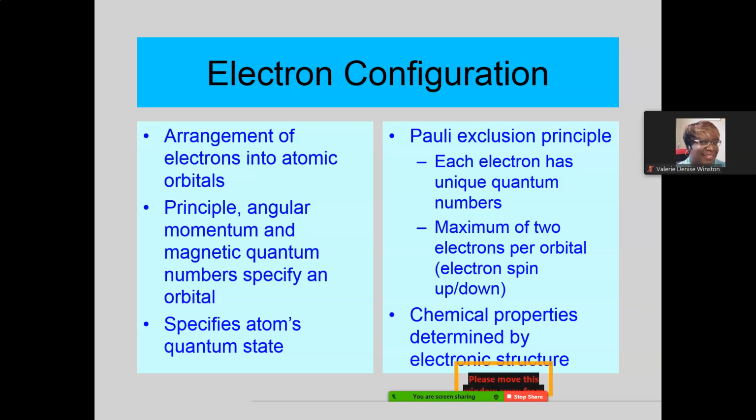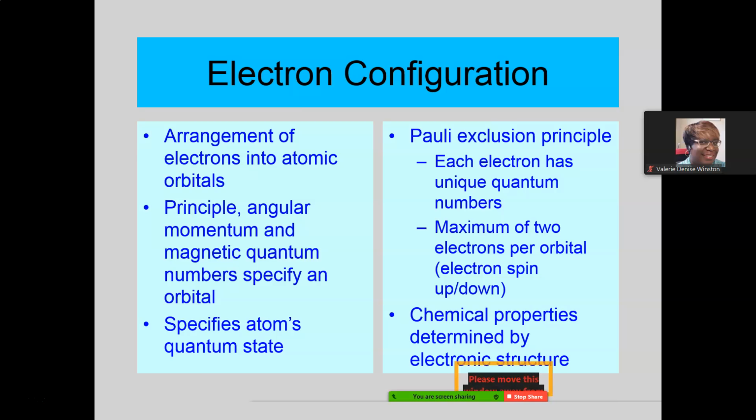Now, along came Linus Pauling, okay? No, I'm sorry, Wolfgang Pauli, Austrian physicist. There was another Pauling named Linus Pauling. He was, I think, American, but anyway, completely different character. Wolfgang Pauli came up with the concept that there's no electron in an atom that has a duplicate set of quantum numbers.